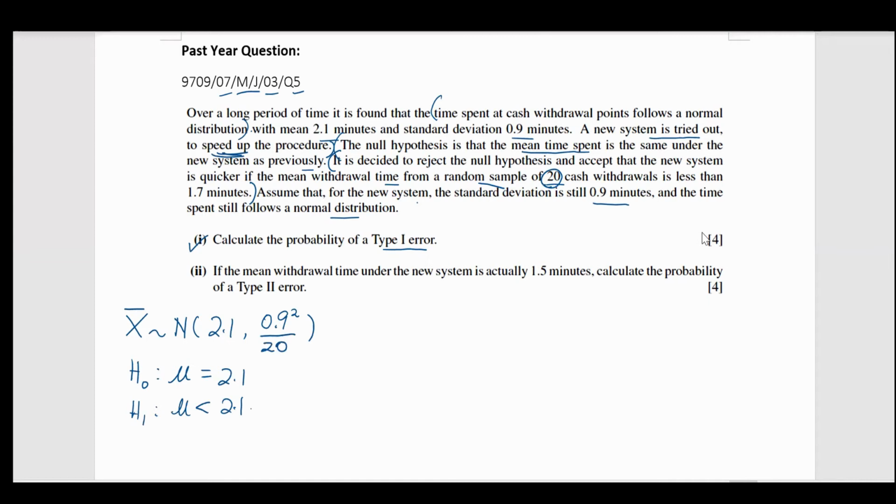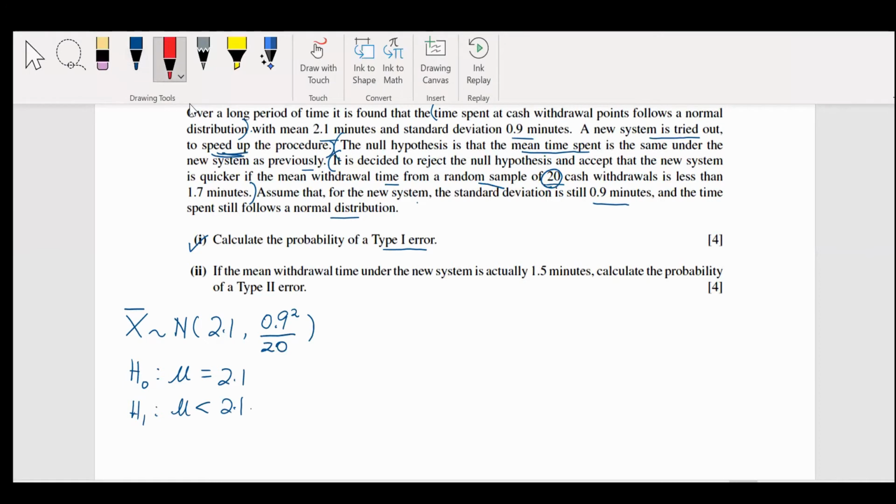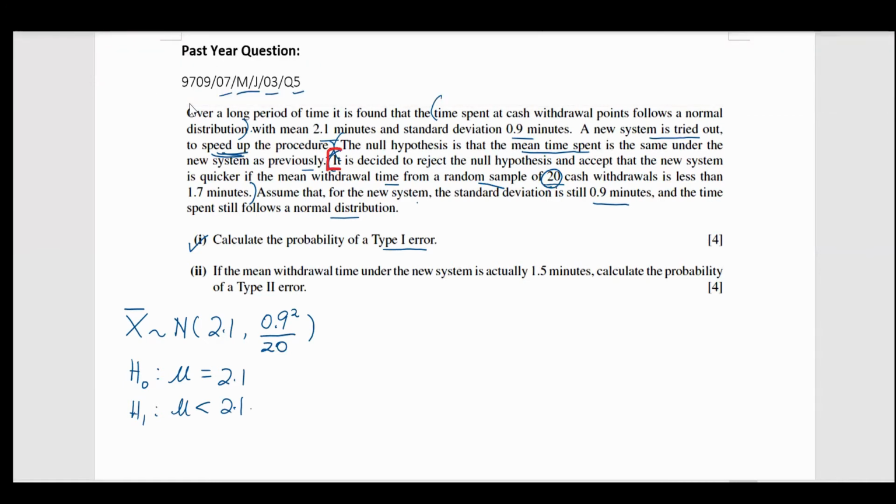The very important sentence that helps you carry out the calculation of the type 1 error is this one, which I put in red. That is the critical region in terms of X bar.